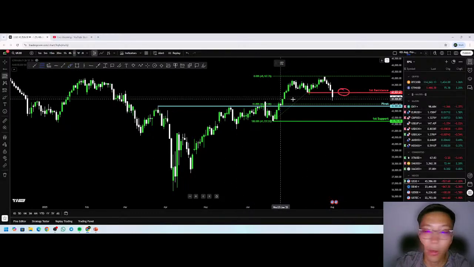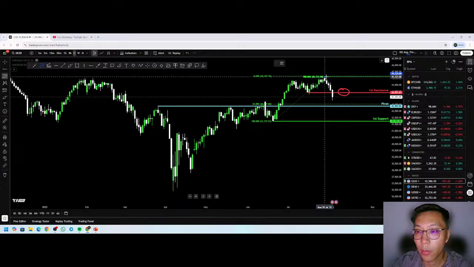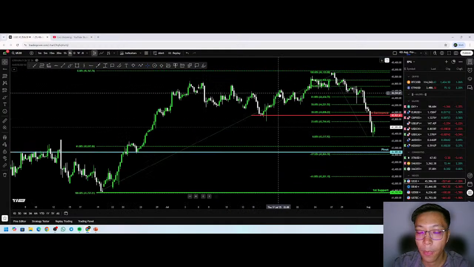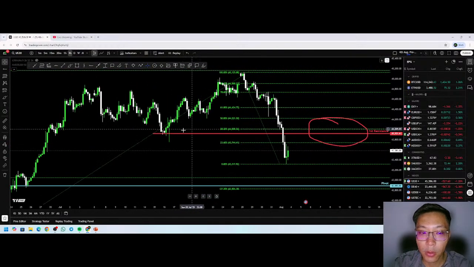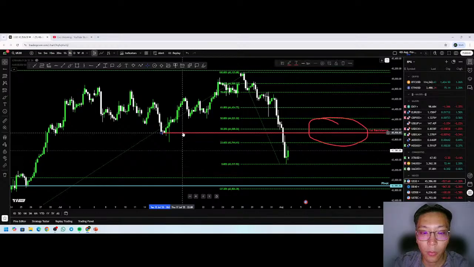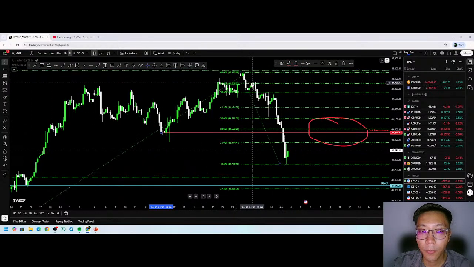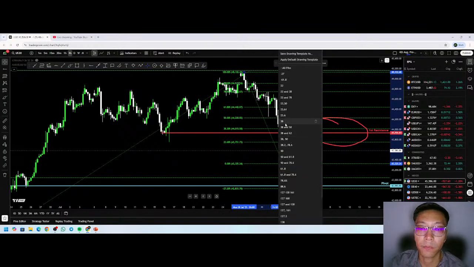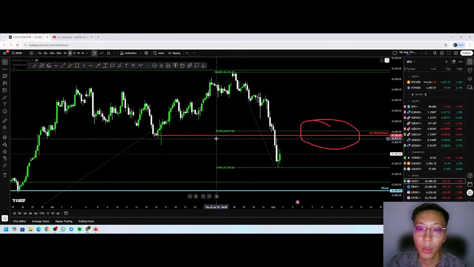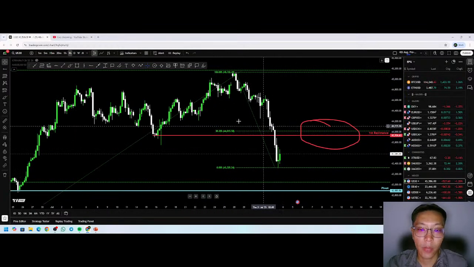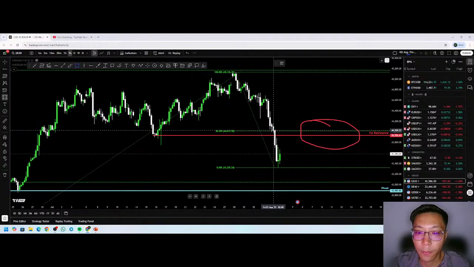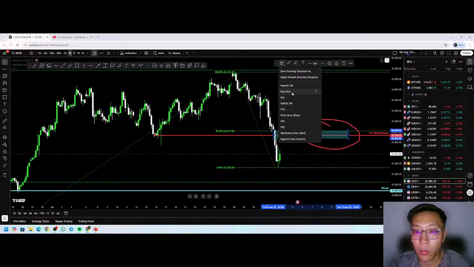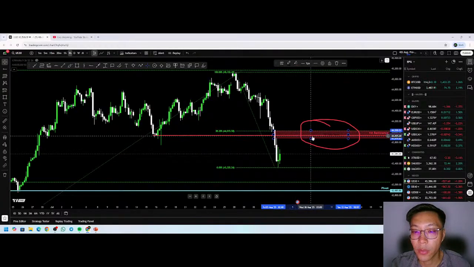If I go to H4 and draw a simple Fib level, this area over here is where a lot of people would try to enter sells.